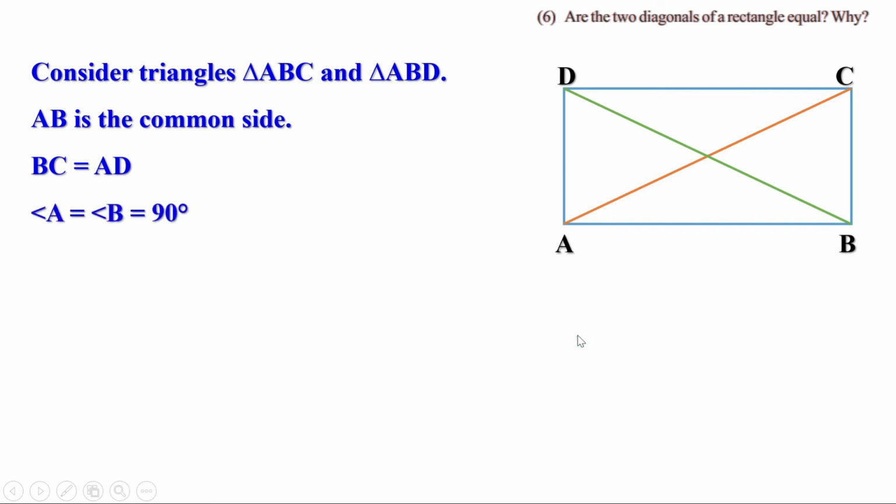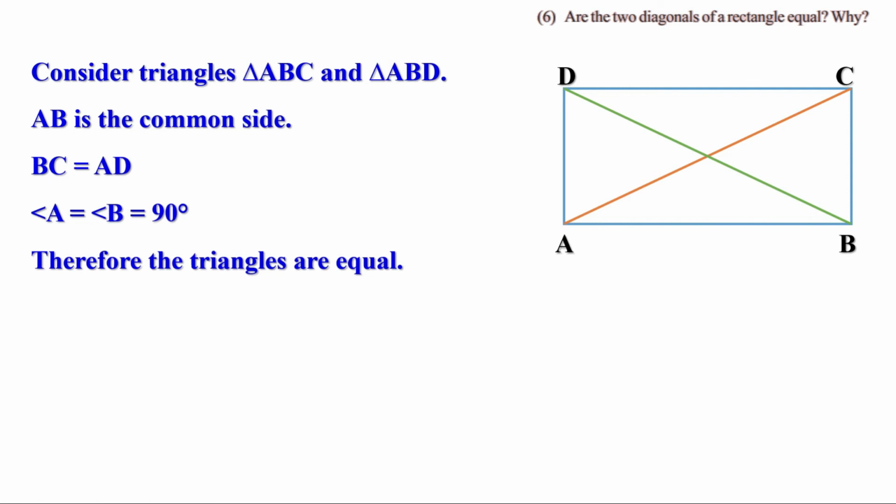So they are equal. That is, these two sides and the angle made by them of triangle ABC are equal to these two sides and the angle made by them of triangle ABD. Means triangle ABC and triangle ABD are equal.